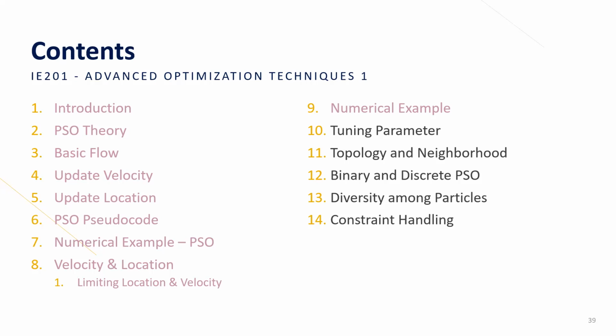So instead of only using it for real-value decision variables, you can also use PSO for binary problems and discrete problems like TSP, scheduling problems, and many more. So those are another topic that we will cover, but still only in the basic way, just on top of the surface.